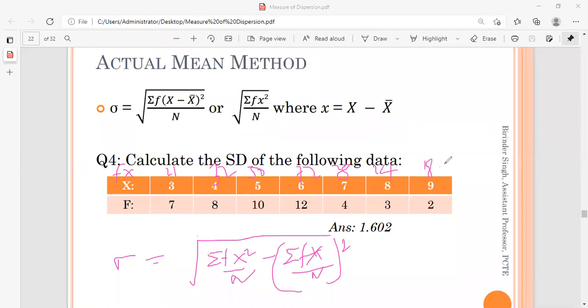And you add all these values here, that will be sigma fx.